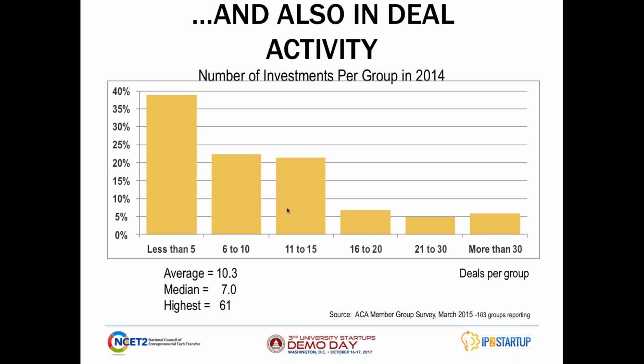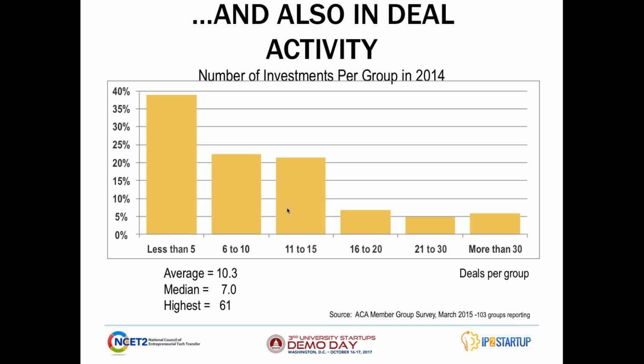You've got to catch the one big winner in these portfolios. So bear that in mind when you're talking to your potential angel investors and setting up your group. You want them to invest in more rather than less. More companies is better than trying to invest a lot in fewer.